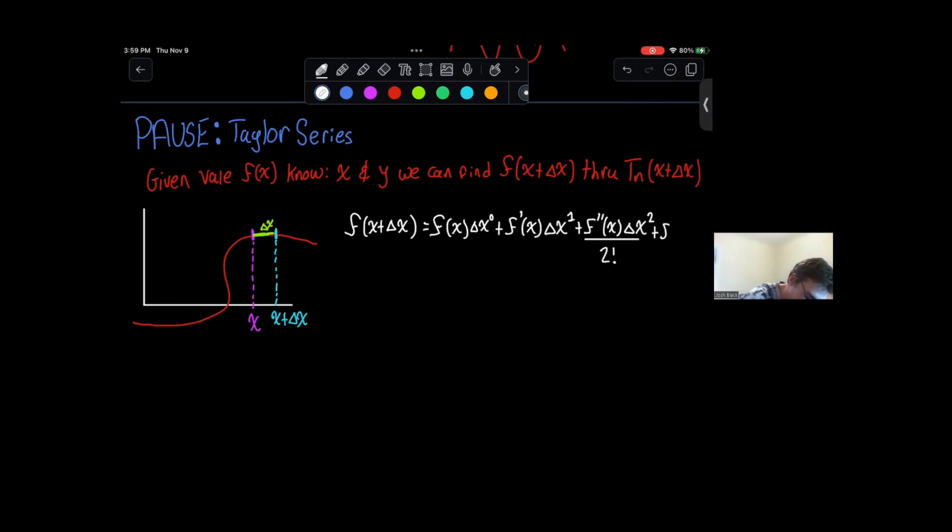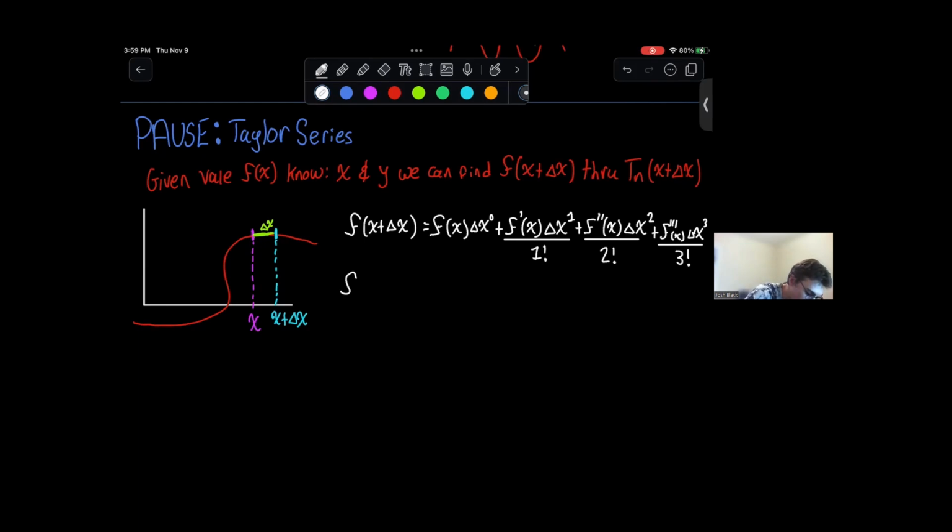And just for fun, we'll do our third order Taylor series, delta x cubed this time, divided by 3 factorial. And if I'm being really technical, we could say divided by 1 factorial here. So that is our third order Taylor series. And remember, our Taylor series is an infinite series. So this can go an infinite amount of times.